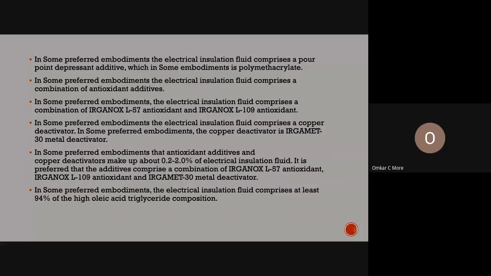Here you can see it is given as some preferred embodiments. Embodiment means that out of many samples they have tested, they found the best suitable sample, and in that suitable sample, they observed this particular point. So there are various embodiments.